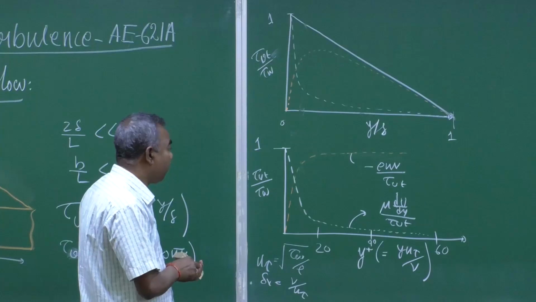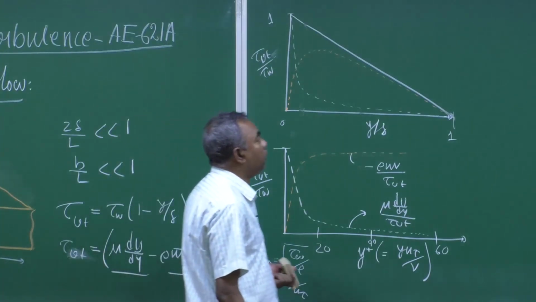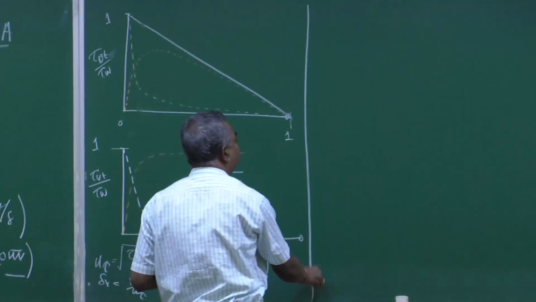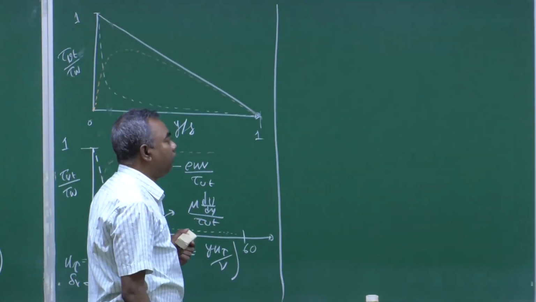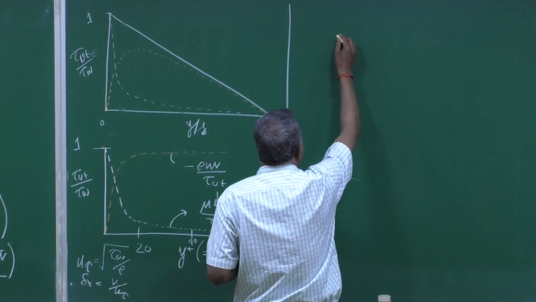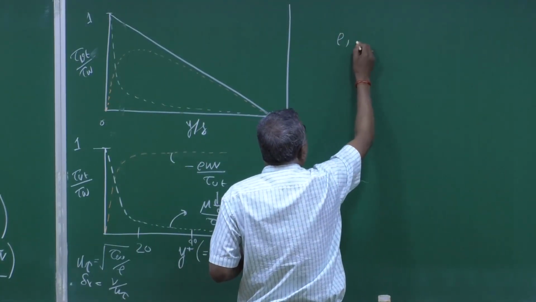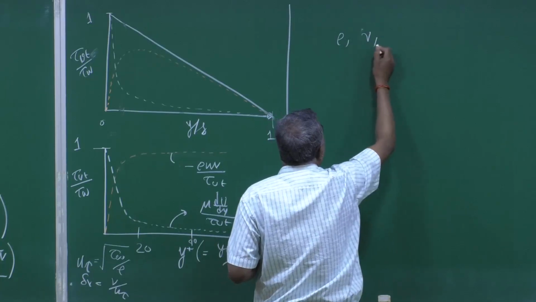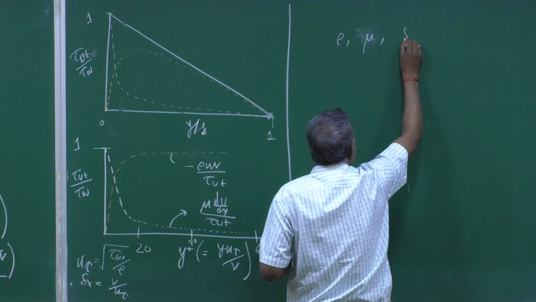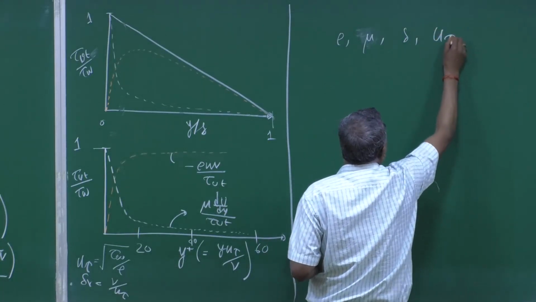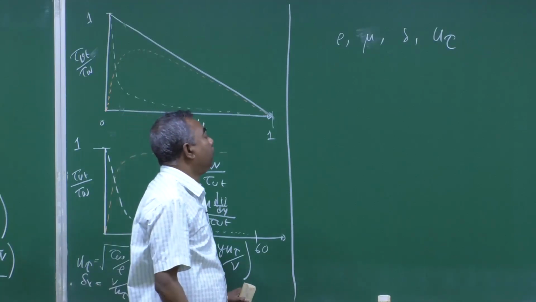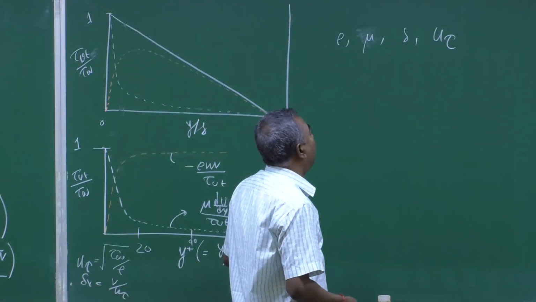So, after this profile, we talked about the velocity profile, right. The velocity is completely determined, or a channel flow can be completely determined by the variables rho, nu or rho, mu, then your delta and u_tau. So, these are the variables which will determine the velocity.